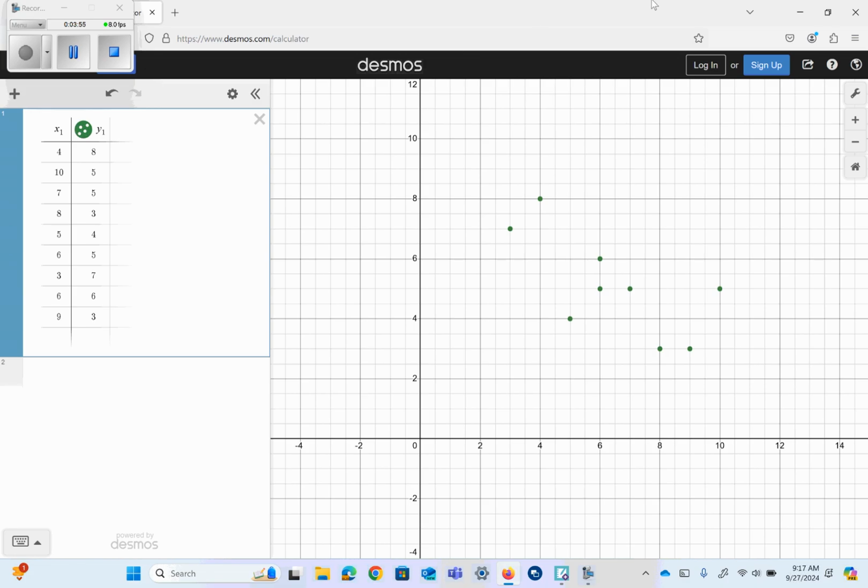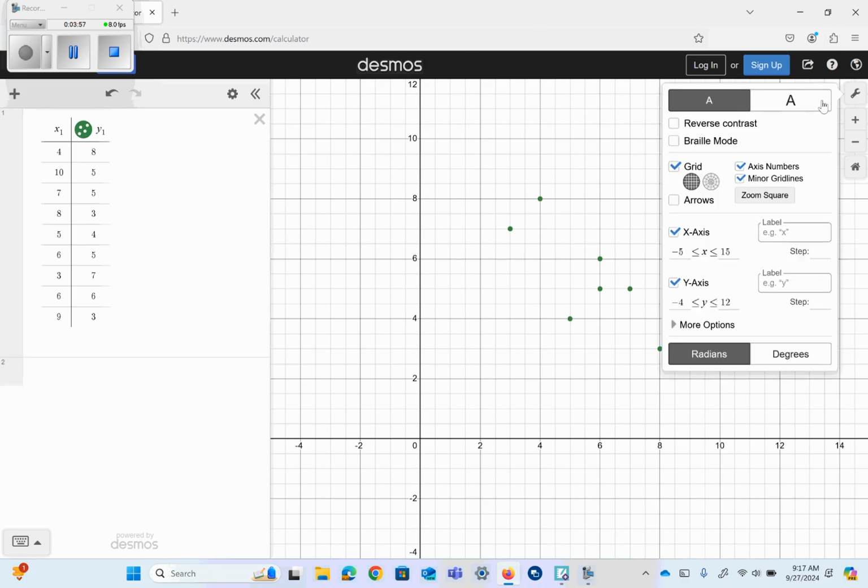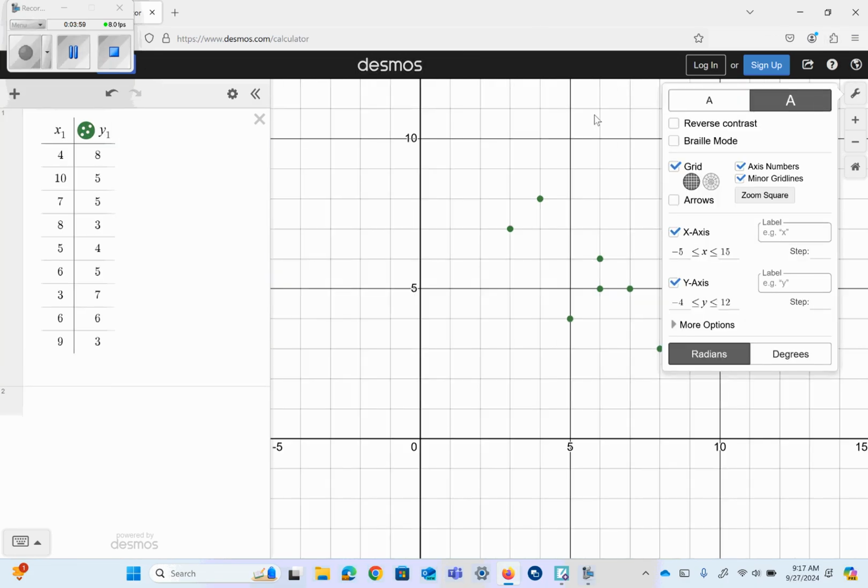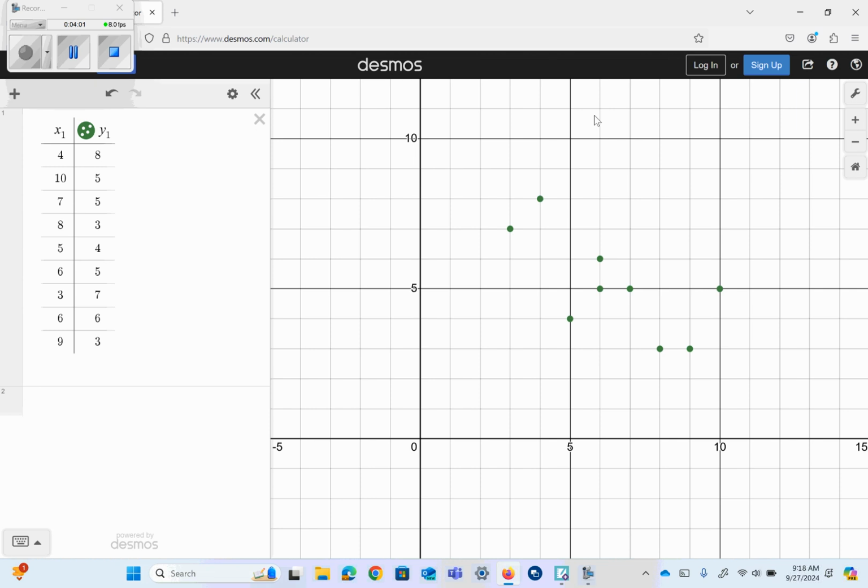Let's make it a little darker so we can see it. All right. So right now you probably could speculate the correlation is going to be negative because it looks like the slope would be negative. All right. So to get the correlation, we have to use y equals mx plus b, but we're going to use y1 because our top thing's y1.